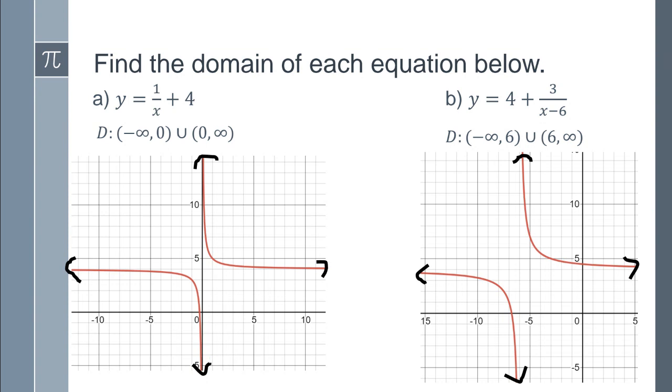And if we look at our second example over here, we have an imaginary line that the graph does not cross or touch at the value positive 6. Actually, this should be on the other side. It has it on the negative 6, but it should be on the positive side, 6. Now we will be dealing with these imaginary lines later when we deal with rational expressions or fraction equations.